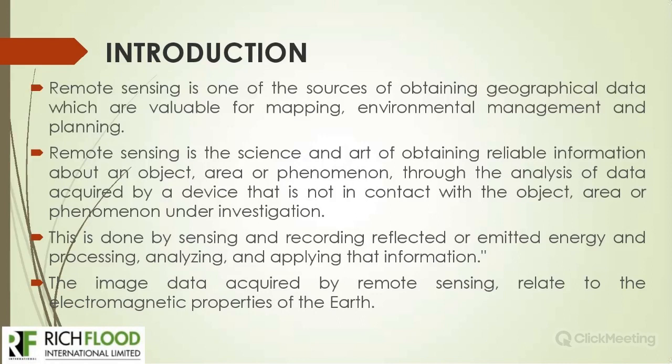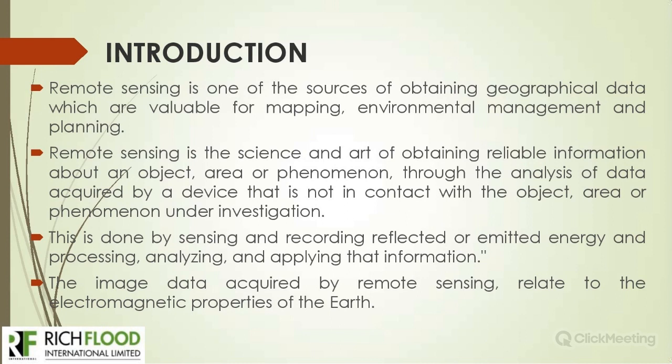So, in the process of using remote sensing to study environmental impact assessment, the information obtained from the remote sensor is through the process of reflection or emitted energy from the object on which the radiation has been focused.